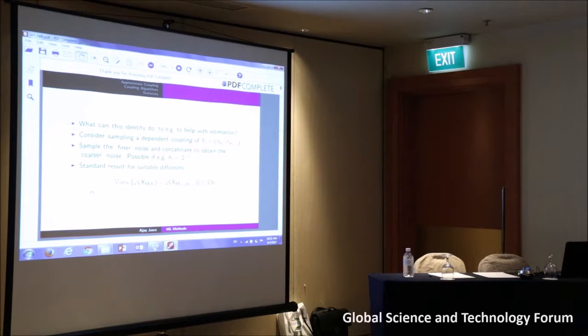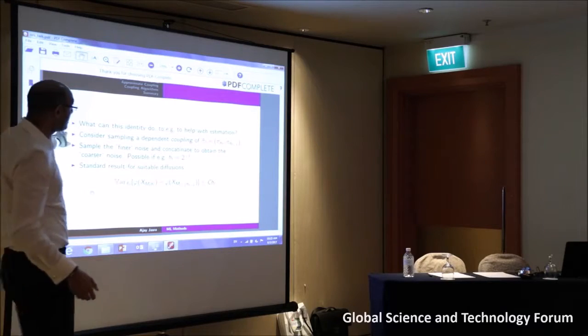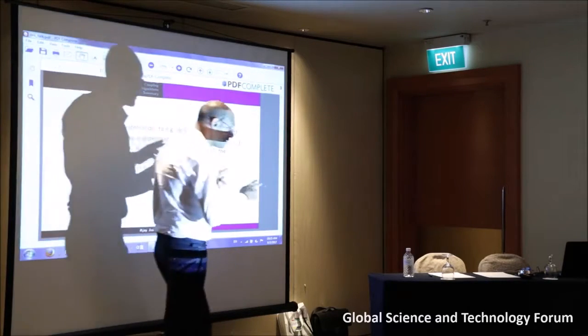If the hierarchy of the discretization is good enough, you just have to add these two noises together, for example, to get the noises for the other one. And the noises are the Gaussian random variables. It's not very well explained, but the point is that I simulate one collection of Gaussians and add them up together, and it so turns out that I get a sample from this so-called dependent coupling.